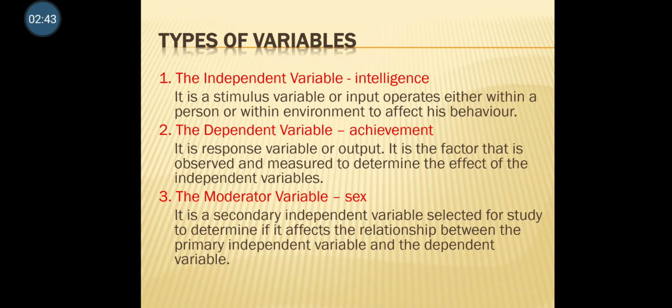For example, we know that in the 10th standard students' results, girl students are getting more marks or higher achievement than boys. So here gender is an affecting factor on the achievement score. Here it's a moderator variable.